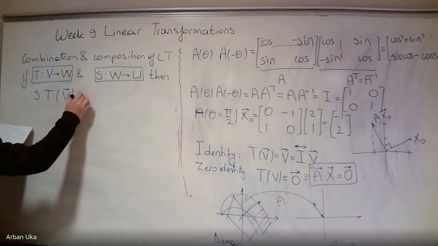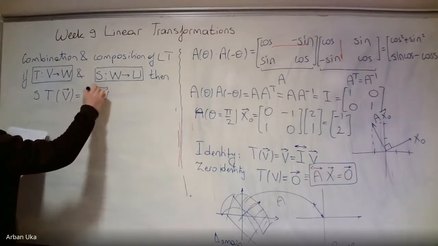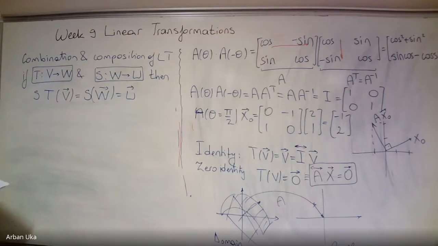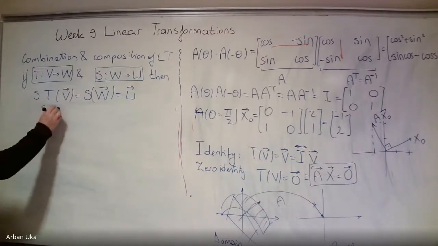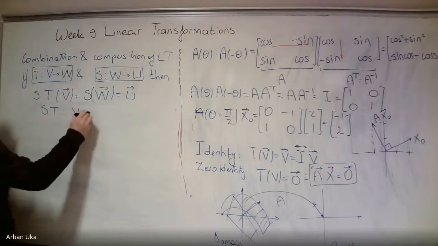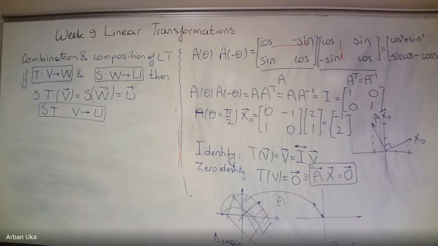So this would be equal to S times any vector w, and this would be equal to some vector in U. With this, we can pass from V to U. So this is another linear transformation.